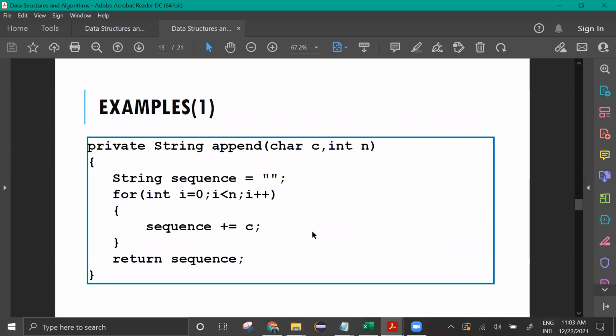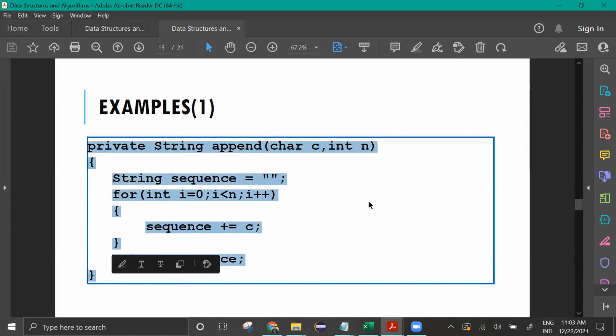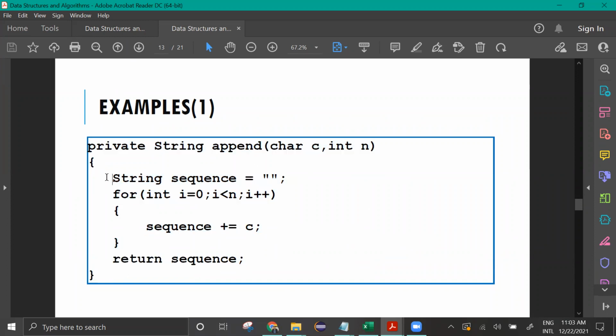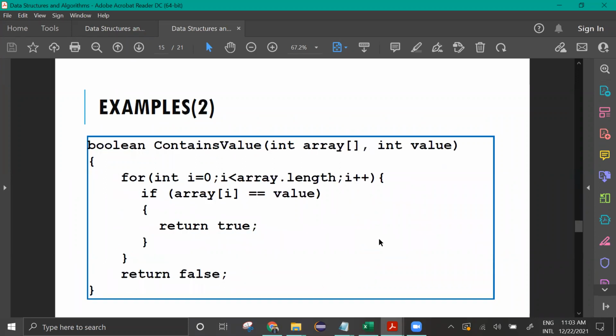Right. So then we talked about the previous one, appending to a string. So it is n square. And this is searching, linear search.